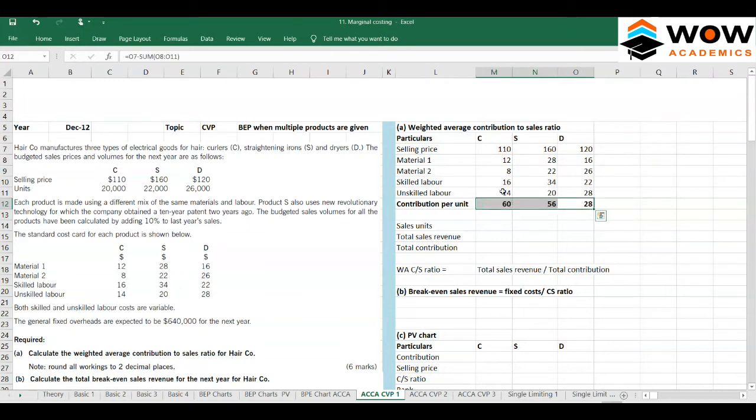Let's get the sales units so that we'll get the total contribution. So we'll multiply these units into the selling price per unit.